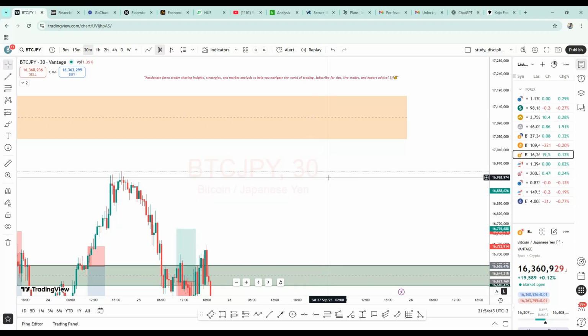So for today, we're gonna really look into Fibonacci levels, how we can apply Fibonacci tools into our trading.